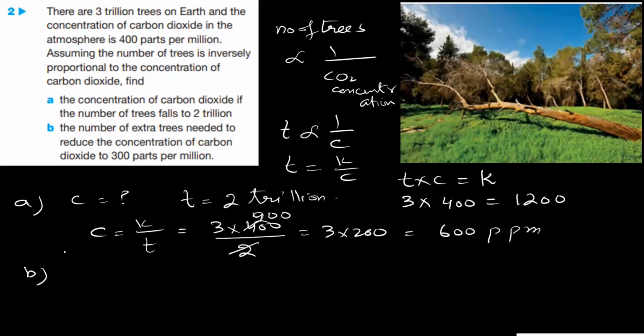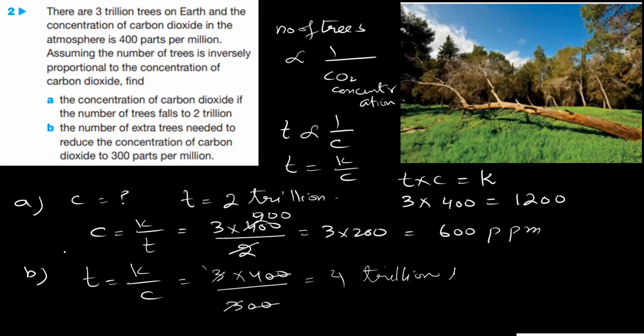So, the number of trees is equal to K upon C. K is 3 times 400 divided by 300. So these two zeros are gone. 3 times 4 is 12, divided by 3, so we got here 4. It means a total of 4 trillion trees are needed.